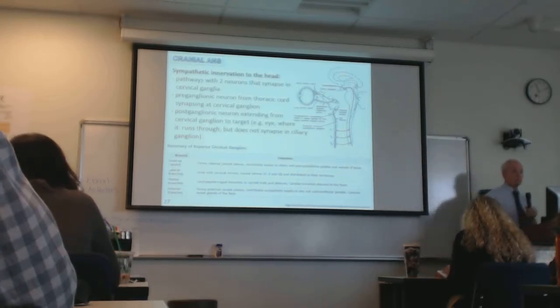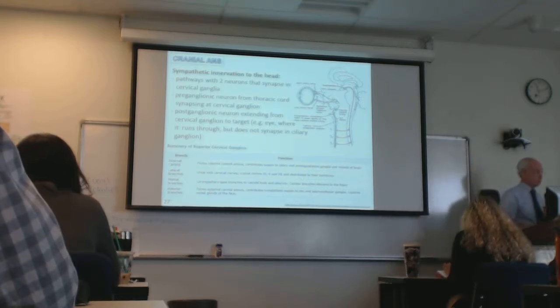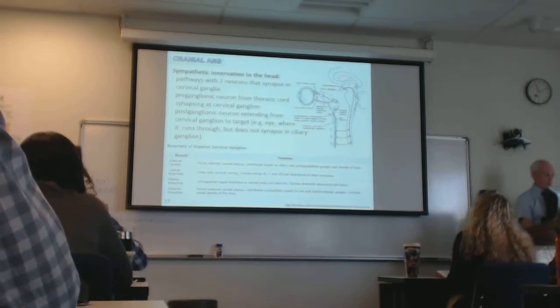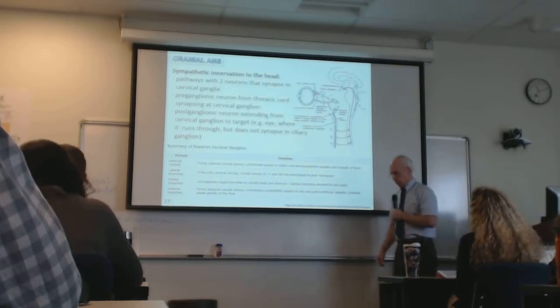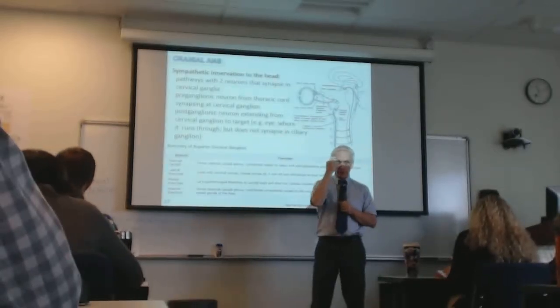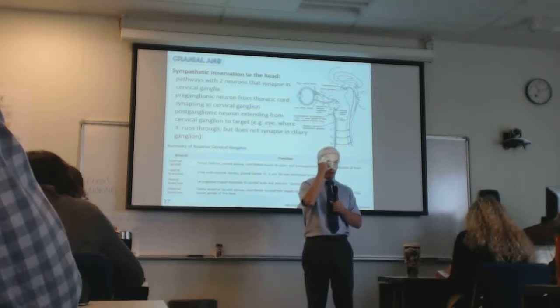Well, I think the better example of Horner's is tonic regulation of pupil size. As long as the sympathetic nervous system is hooked up to your pupil, then your pupil is going to be a little larger than it otherwise would be.